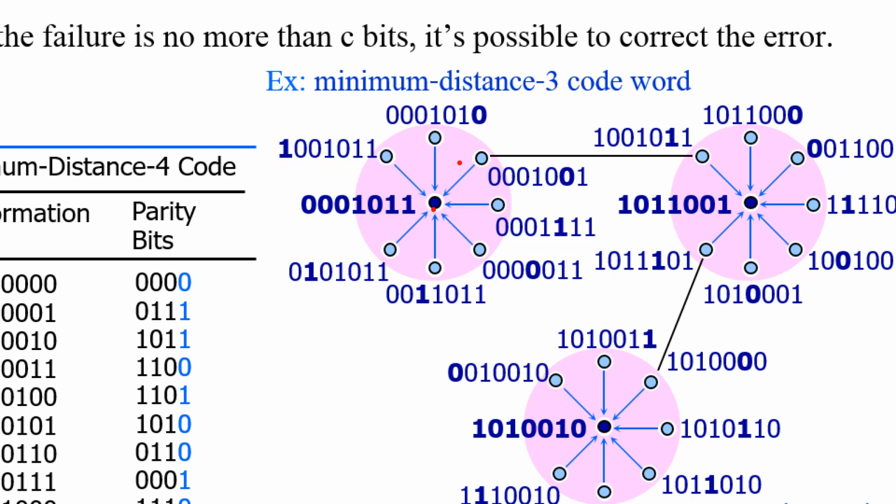But if 2 bits change, or a 2-bit error occurs, this system cannot support it.